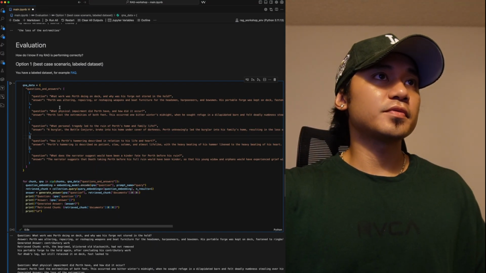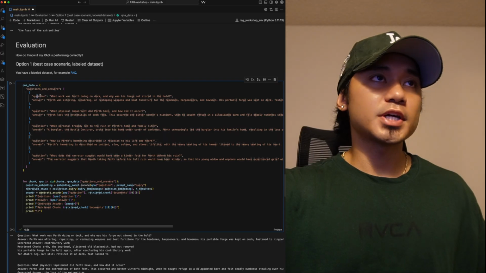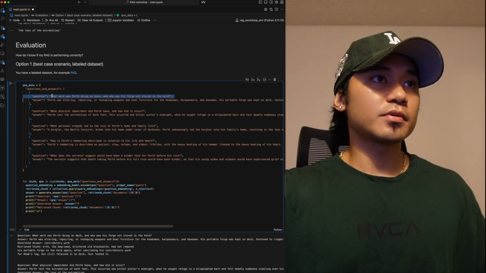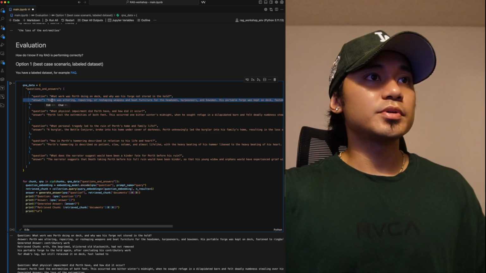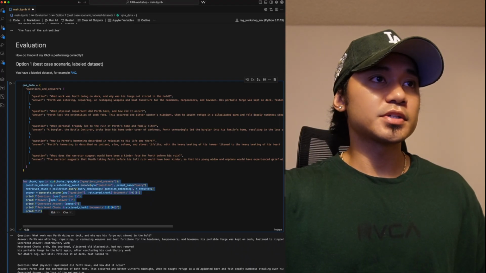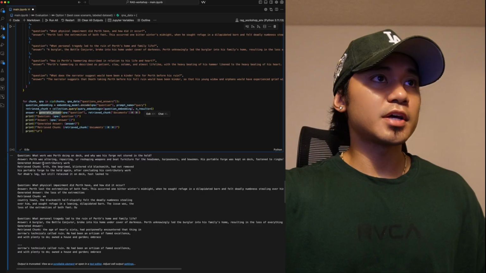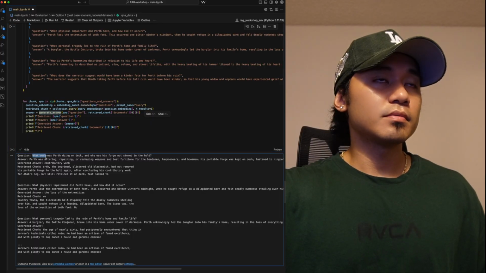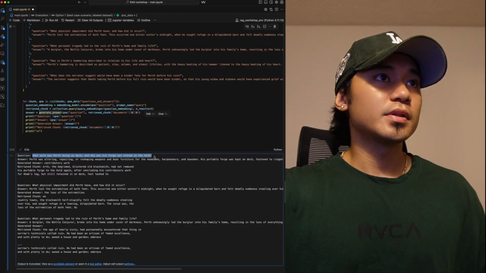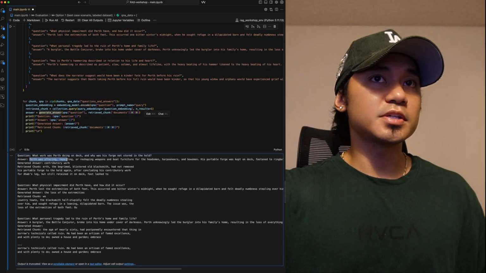Say that you have your data from ChatGPT, you had some sort of question, and you have the correct answer from it. You would just run your questions against the model and see if it generated the correct answer. In here, for example, I had the question, what was Perth doing on the deck and why has his forge not stored in this hold? This was the answer that was generated from ChatGPT.